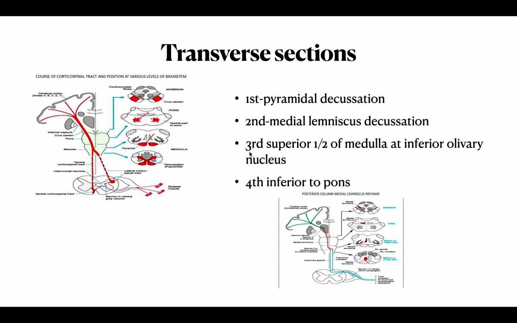Third would be the superior half of the medulla at the inferior olivary nucleus, and then fourth would be at the pons level, so like right below the pons. So the medial lemniscus would be a second tier, then the pons, and then the medulla. See it here. So midbrain, pons, medulla, pyramids.